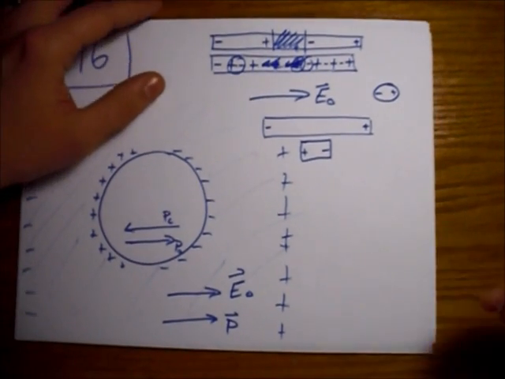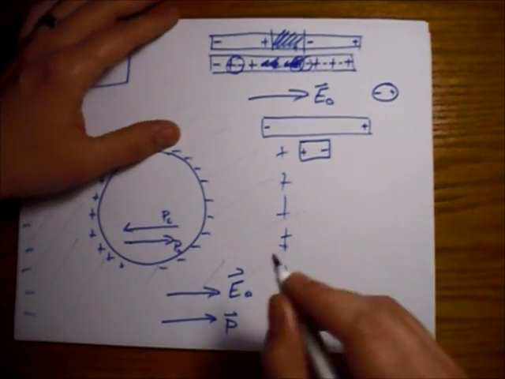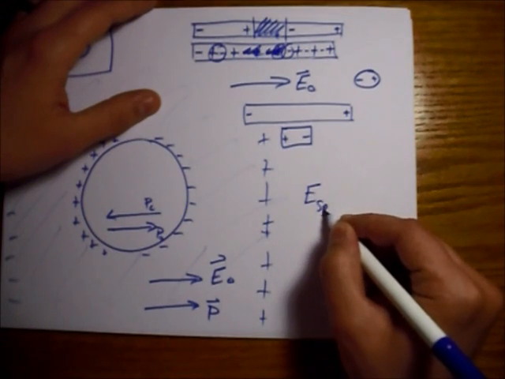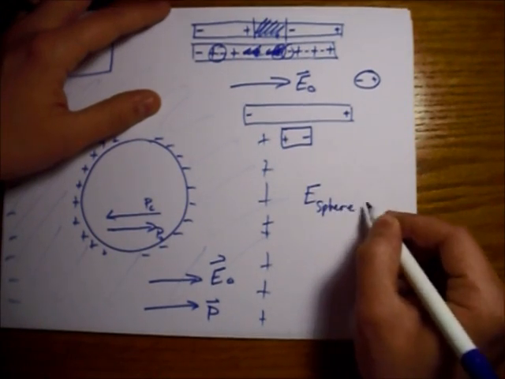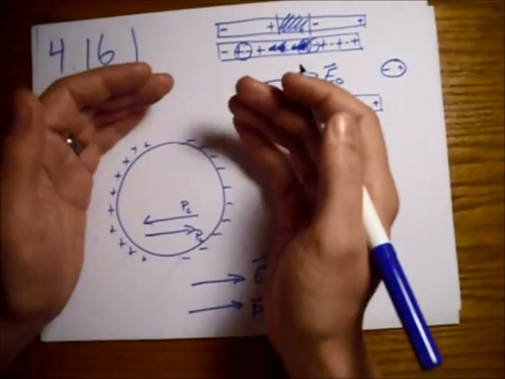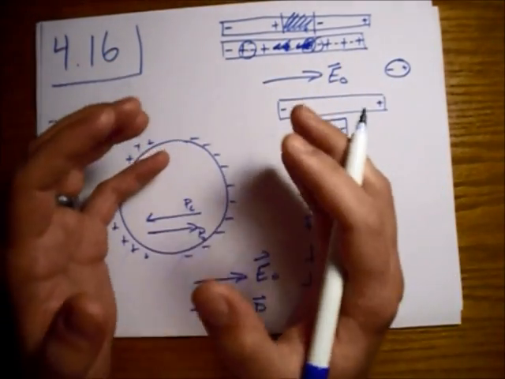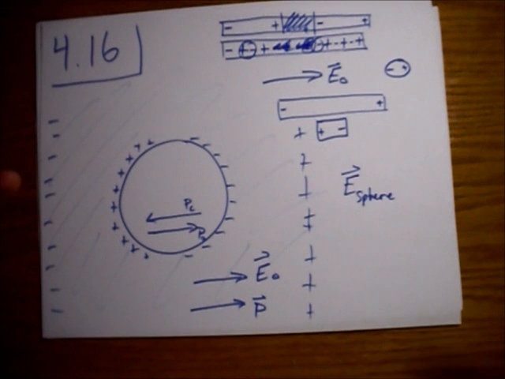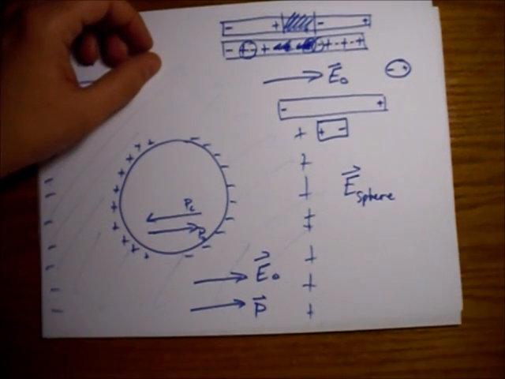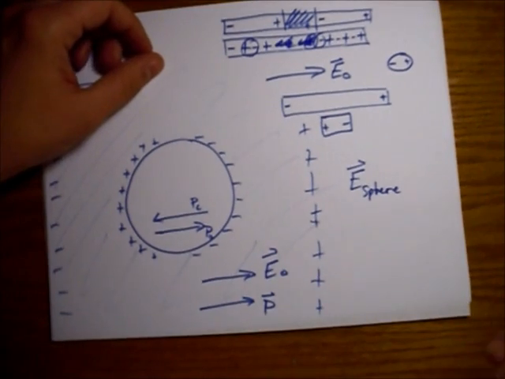Okay, so for the case of a sphere, Griffiths has already worked this out for us. You can look at equation 4.14, and he tells us that for a sphere, this is just looking at a uniformly polarized sphere and says what electric field exists on the inside of that sphere due to the polarization.